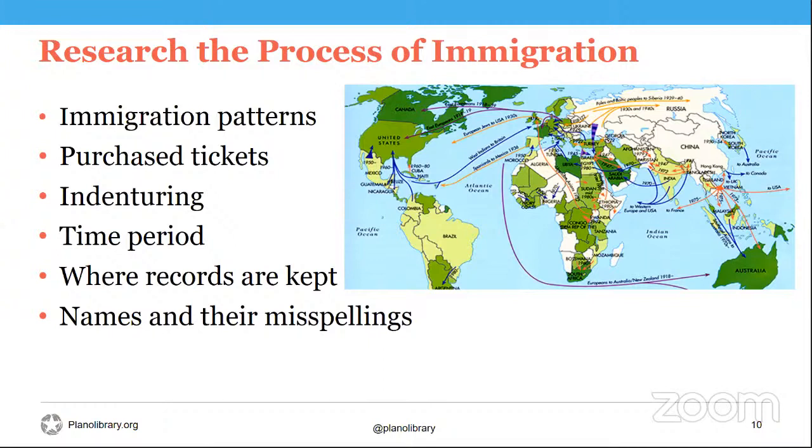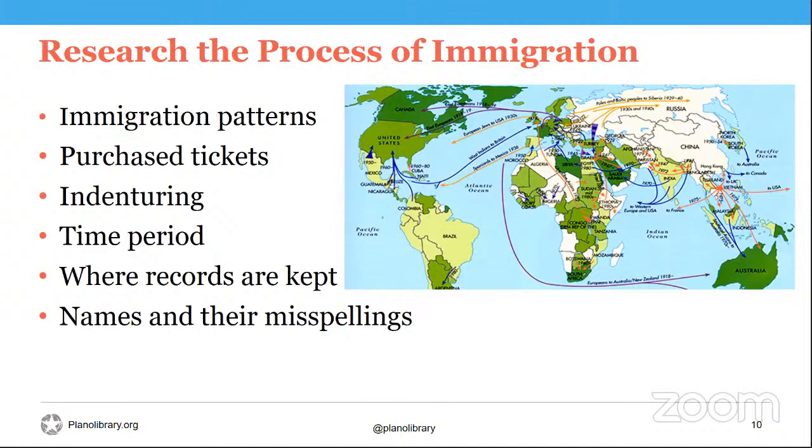I don't have my facts right here, but there's well over 100 major ports, and not everybody landed at Ellis Island. Many landed in New York and not Ellis Island, or in Boston. Some went all the way down to the coast of Texas and to Galveston.